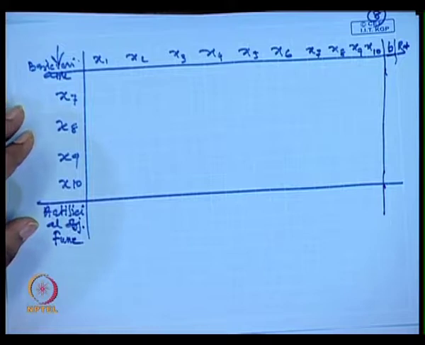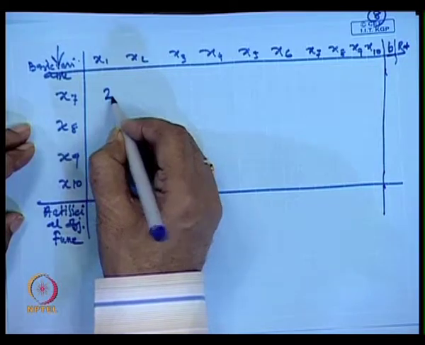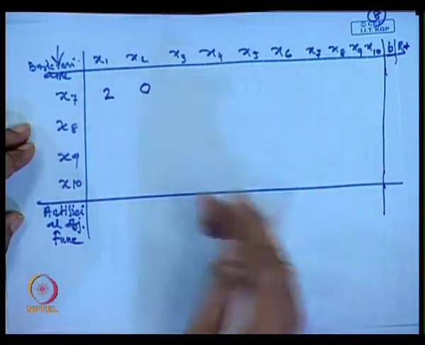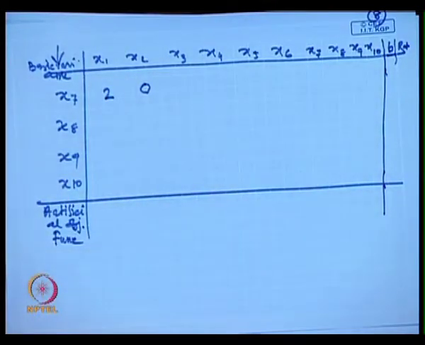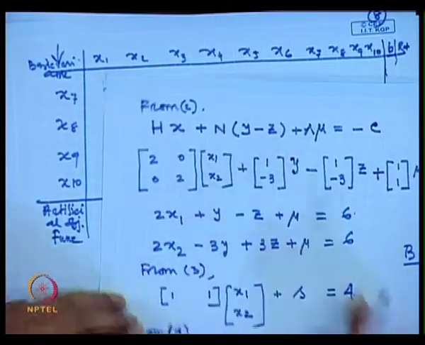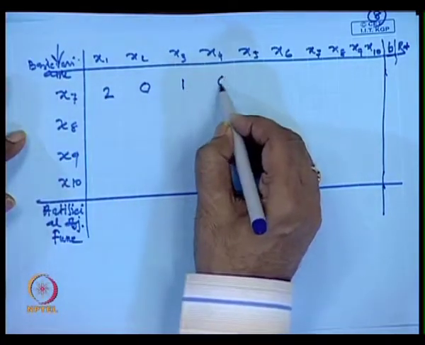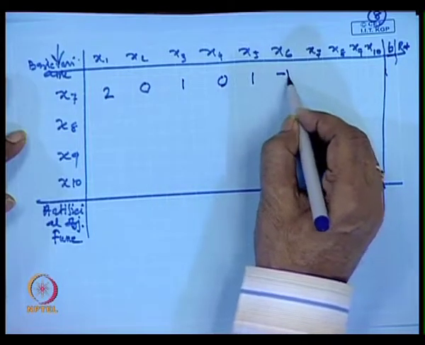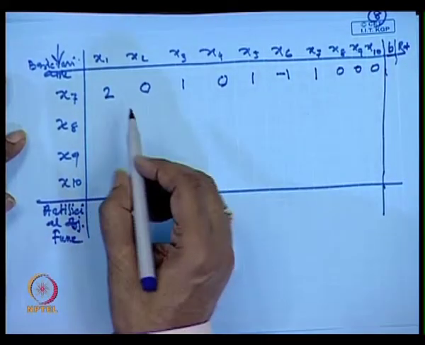According to our problem, I am just writing this from the KKT equations that you got, and we have written this equation. If you write this equation in terms of z, mu, x, you will get 2 0 1 0 1 minus 1 1 then 0 0 0. Agree?